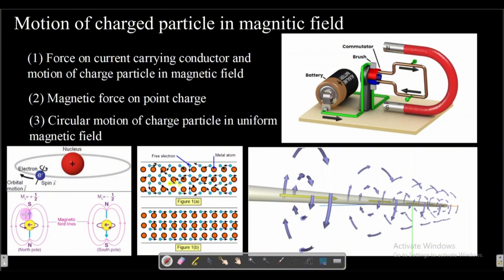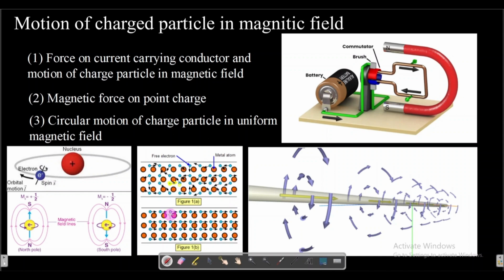As we know from here, when a charge is in motion, it will produce a magnetic field. So here these free electrons, being negative charges, are in motion, and when they are in motion, they will produce a magnetic field around themselves. This electron will produce a magnetic field, similarly this electron, and similarly this electron.